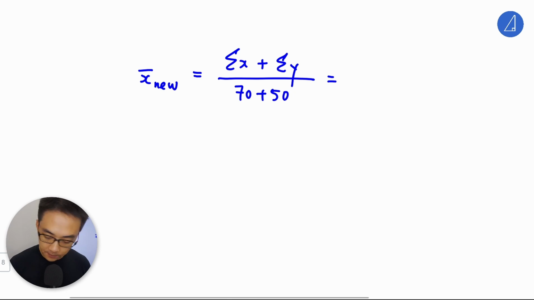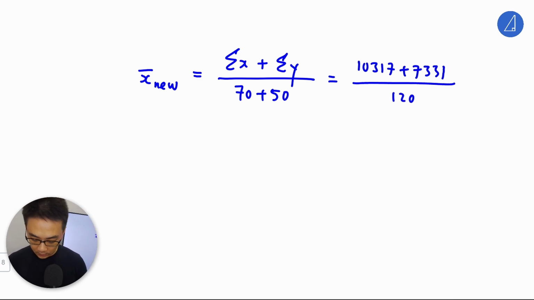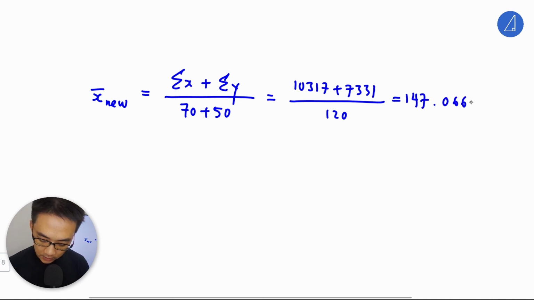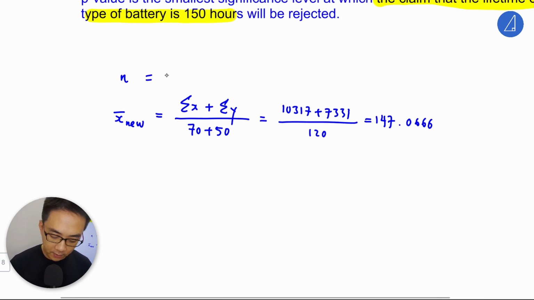This will be 120 because we have 120 batteries. So you just add them up, which is 1470666. The new n will just be 70 plus 50, which is 120.